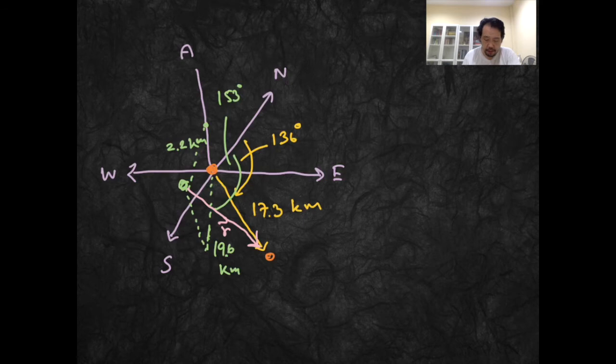You can see that if we calculate, I will say that this vector is vector R1, and this vector from the station to the plane is vector R2.